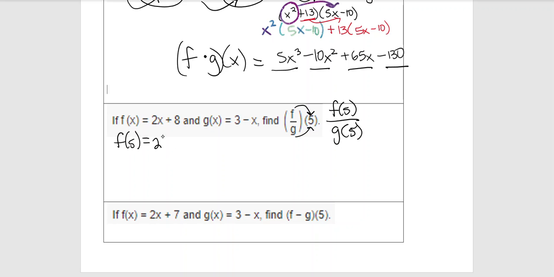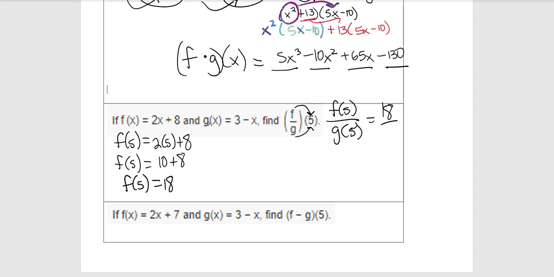And we get that by plugging in a 5 for x. So f of 5 is equal to 2 times 5, which is 10, plus 8. So f of 5 is equal to 18. So I'm going to be dividing 18 by something. Let's hope I'm not dividing 18 by 0, because then it would be undefined. When 0 is under the line, the answer is undefined.